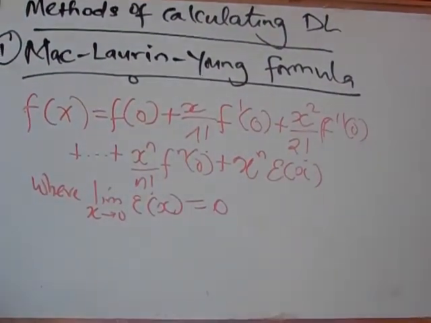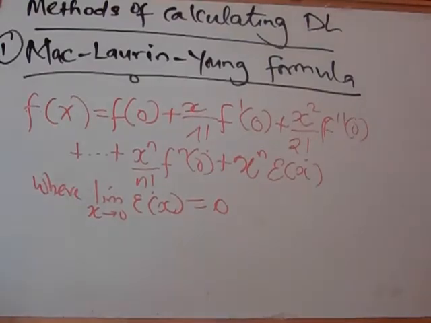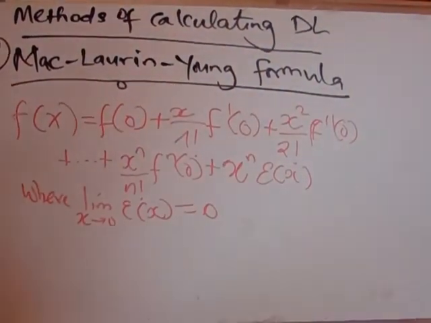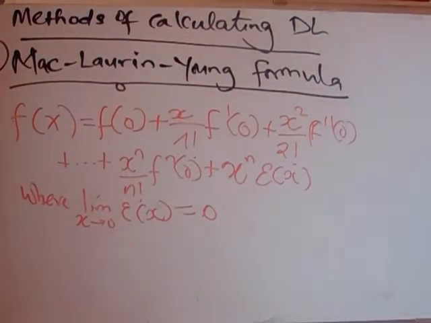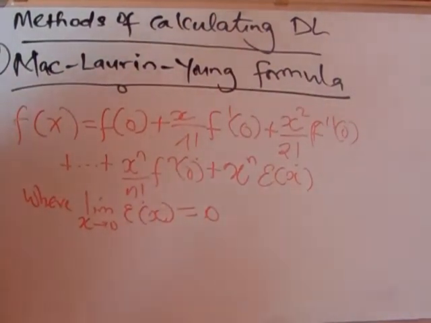Also, the limit when x approaches 0 of epsilon of x being equal to 0 is actually important for you to write, because since you're not going to be writing the remainder, we should look for a way to represent it. So this is how we get to represent it.